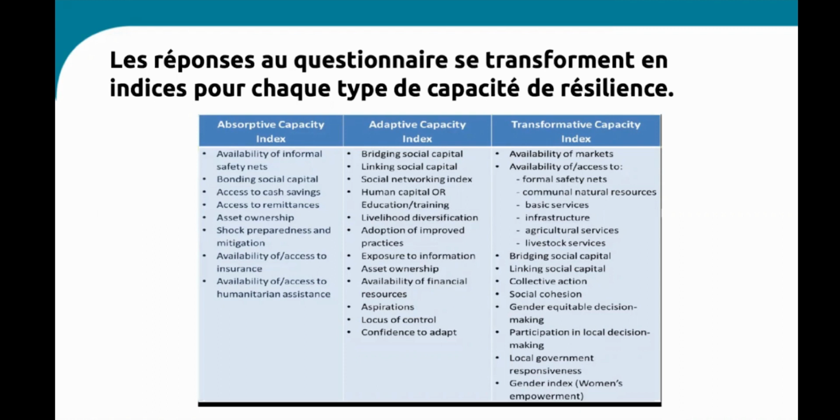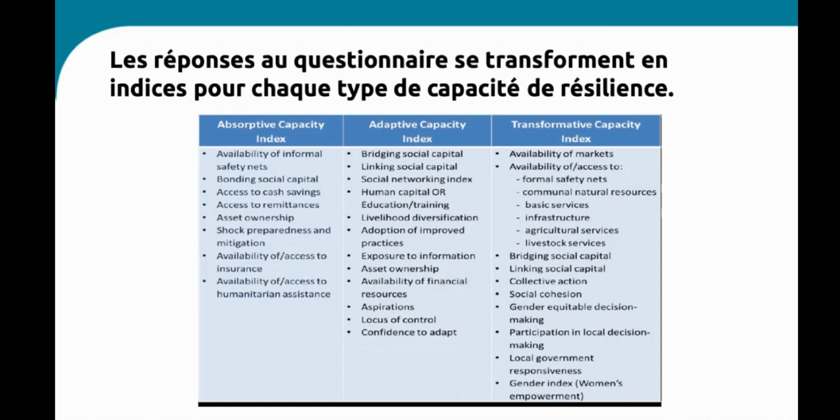The other thing I would want to point out here is that these categorizations of capacities overlap. So, for example, you might notice that under absorptive capacity, we have asset ownership, but asset ownership is also under adaptive capacity. Assets can help households if they're exposed to shocks, because they'll be able to sell those assets to provide cash to better recover from those shocks.